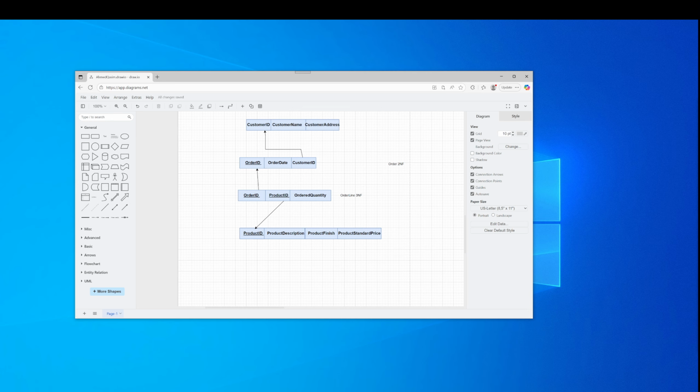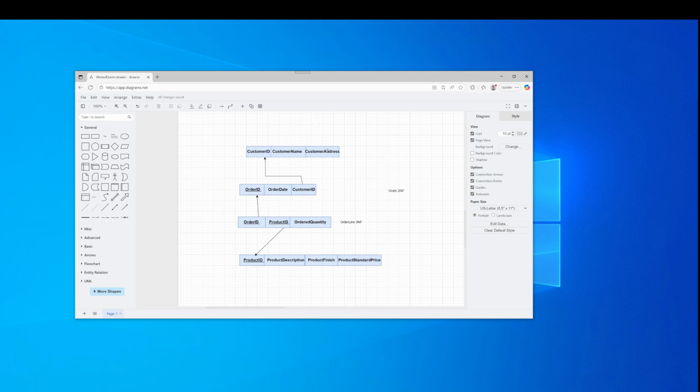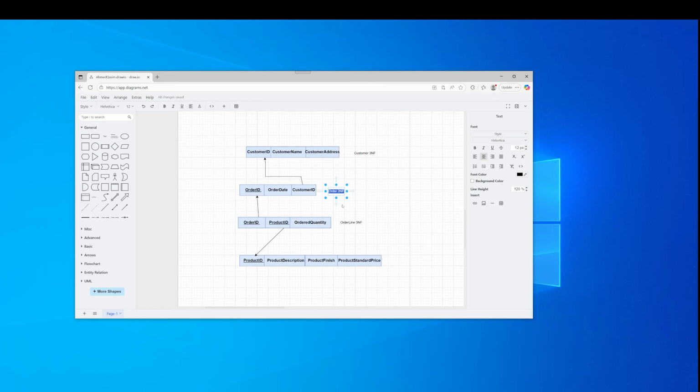So this is the customer relation, and it's in the third normal form. This is currently in the third normal form, and this is also in the third normal form, the product.